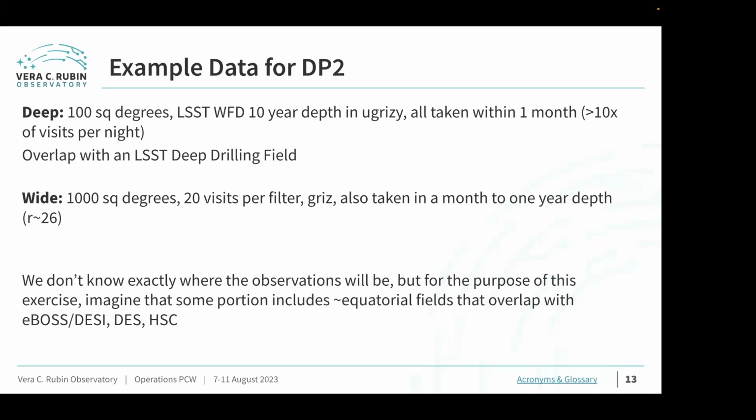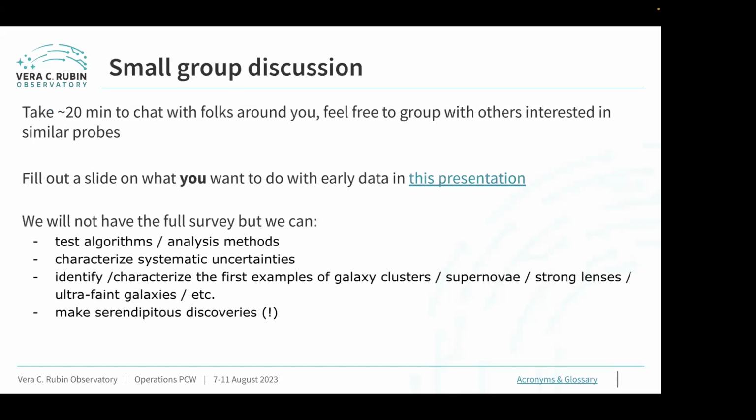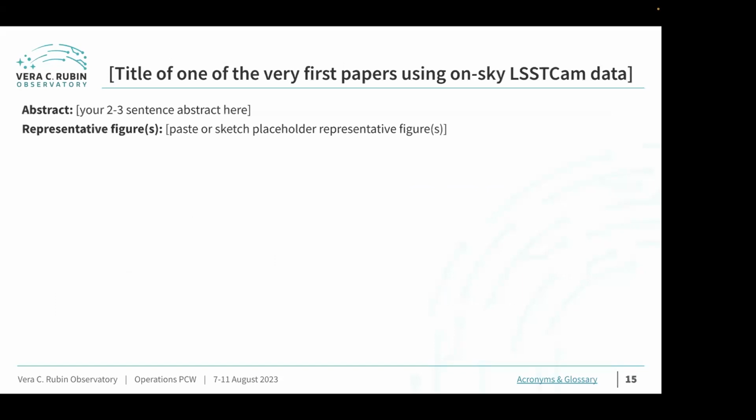And so I thought it could be a fun exercise to get into small groups with people that said something that sparked interest with you. This presentation, which is linked in the Slack channel or in the agenda, has template slides.